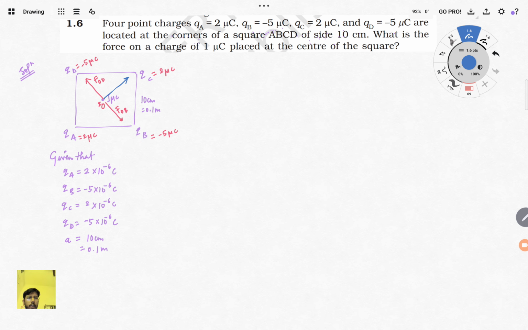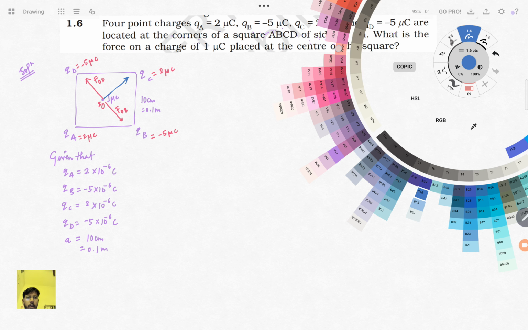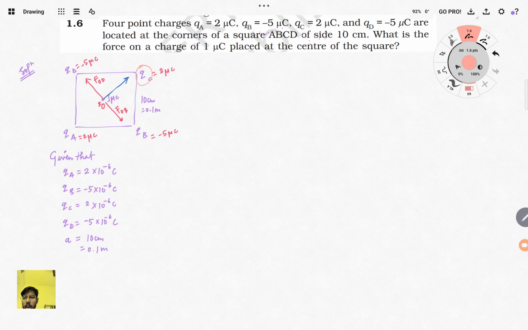And similarly for QC and Q naught, the force that is working is in this direction, right? Because they both are positive. Now let's determine the magnitude of these forces.